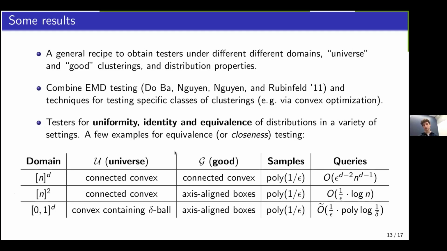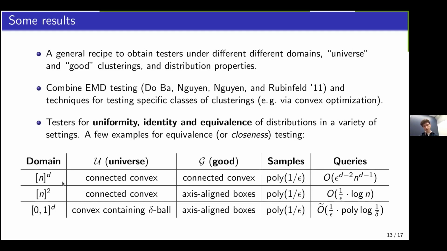Both my universe of clusterings and my good clusterings are the connected and convex clusterings. So these are the clusterings where every cluster is convex and is also connected in the hypergrid. And my sample complexity is just some poly 1 over epsilon. And this is going to be the case for every example. And the query complexity, well, there's some dependence on epsilon. And most importantly, the dependence on the domain size is sublinear when D is a constant.